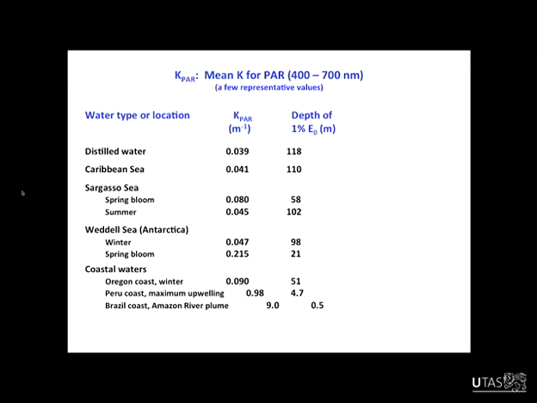So we can quantify the attenuation of light in the ocean by this K-par parameter, or by the depth at which we see 1% of the surface light. In very turbid parts of the ocean, you don't have to go very deep before there's only 1% of surface light left. For example, in the Amazon River plume, which has a lot of sediment being washed into the surface waters, you only have to go down half a metre before you've only got 1% of the surface light left.